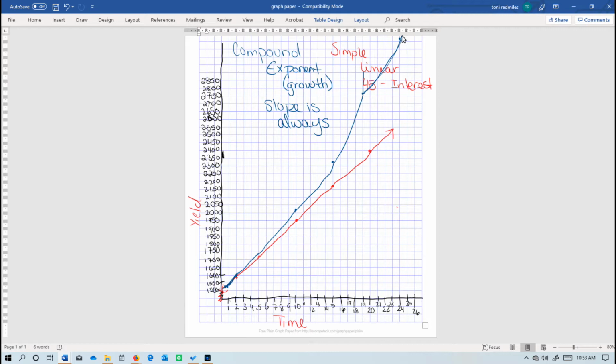That is our slope. So that is why the slope all of a sudden just takes off in an exponential growth, because it is changing and it's getting bigger and bigger each time we calculate it. Okay, so if you want to learn more about different functions, a compound is an exponential function, simple is a linear function, or you can call it a regression.